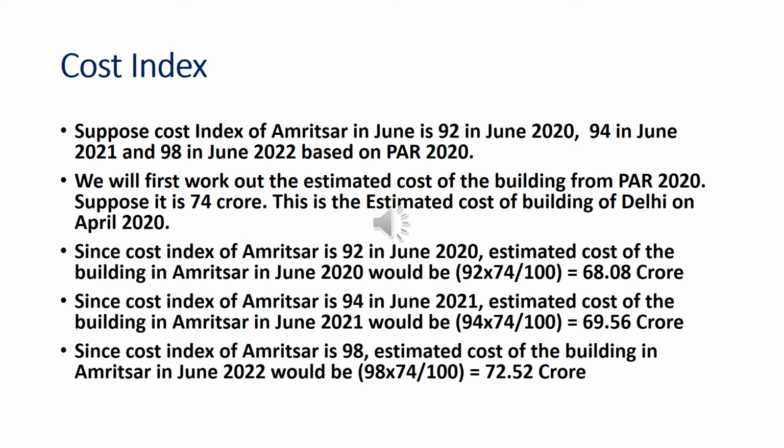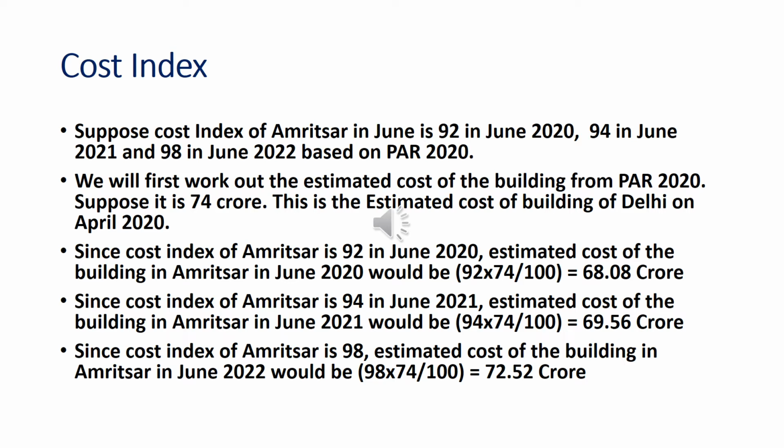So what we will do is we will first work out the estimated cost of the building from plinth area rates of 2020 of Delhi. Suppose this works out to be 74 crores, then this is the estimated cost of that particular building if it was located in Delhi in April 2020.